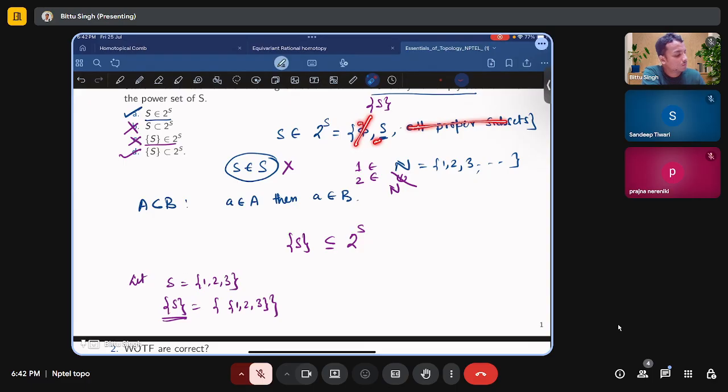So this is a subset of 2 to the power s, right? You cancel everything other than this s. So is it clear? Yes, sir. So that's why sometimes we write in this notation, or sometimes we put an equal sign. Those are actually the same.